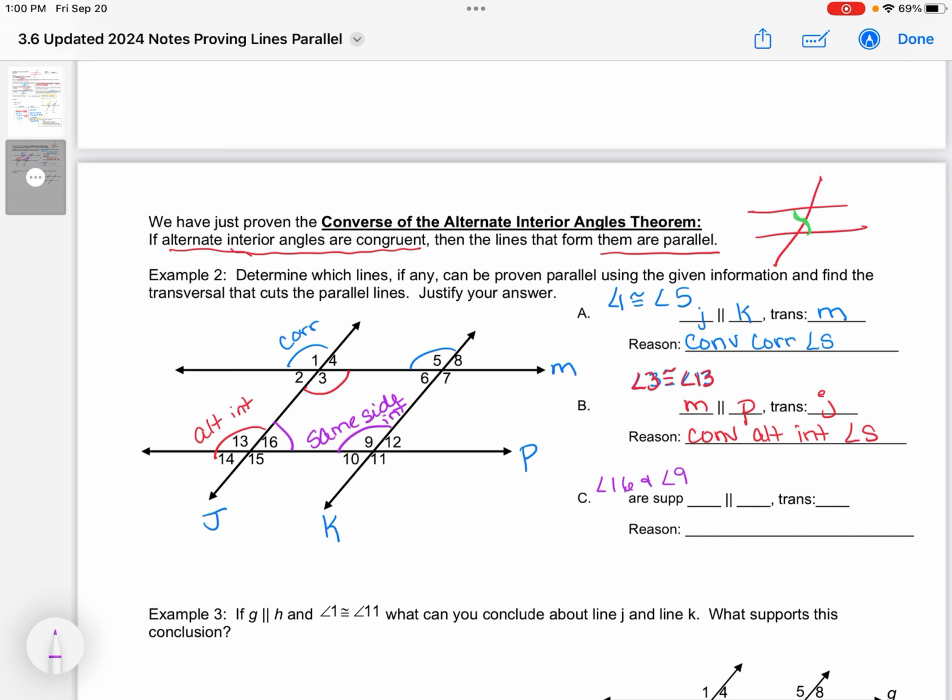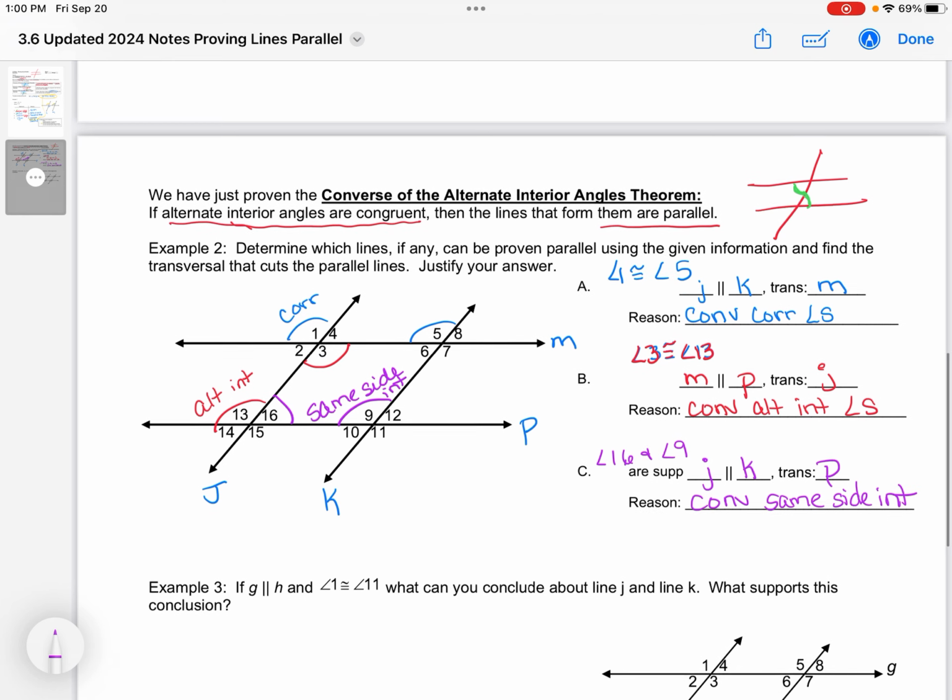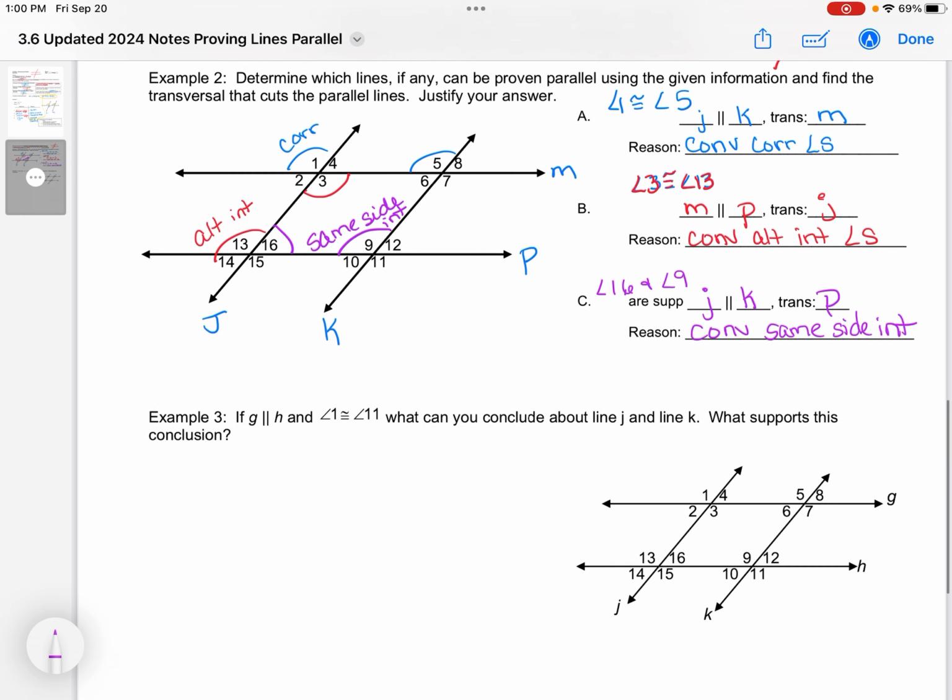So if that's true, then J and K are parallel, P is the transversal, and this is converse same side interior. Okay, so using the different angles that we know, we can use our postulates to figure out what lines are parallel.